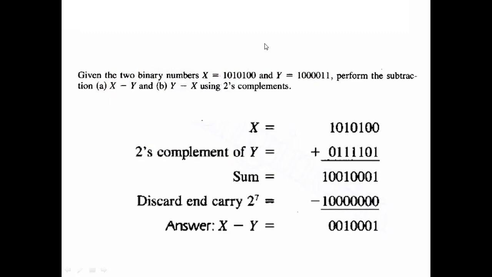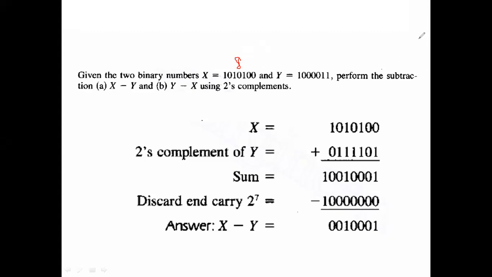So in the previous class we calculated the values in decimal. What is the value for x? Calculate again: 2 power 0, 2 power 1, 2 square, 2 cube, 2 power 4, 2 power 5, 2 power 6. Calculate the decimal number.